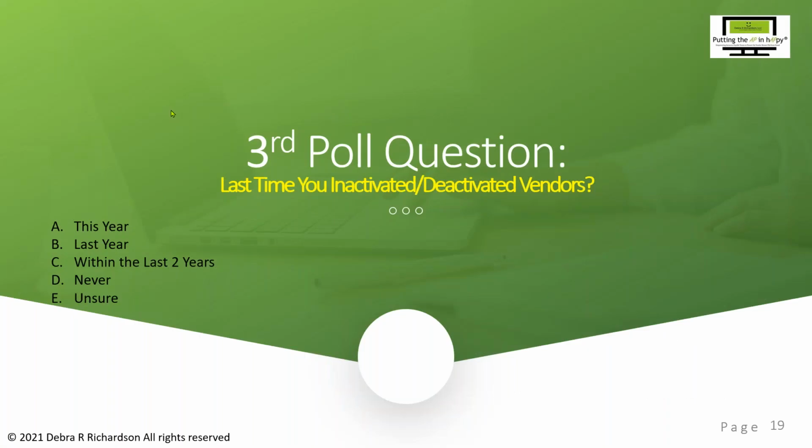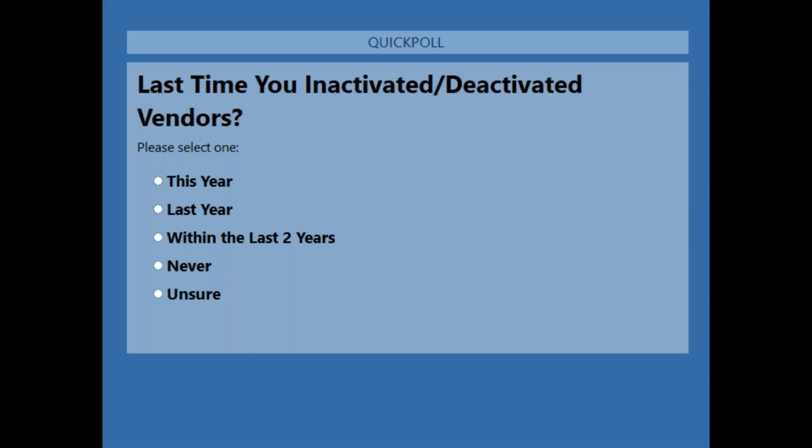Now, the third poll question and the last one, I'm going to go ahead and launch it. And that is, when is the last time you inactivated or deactivated, whatever you call it in your system, your existing vendors? Was that this year, last year, within the last 2 years, never, or maybe you inherited a vendor master file and you're just unsure?